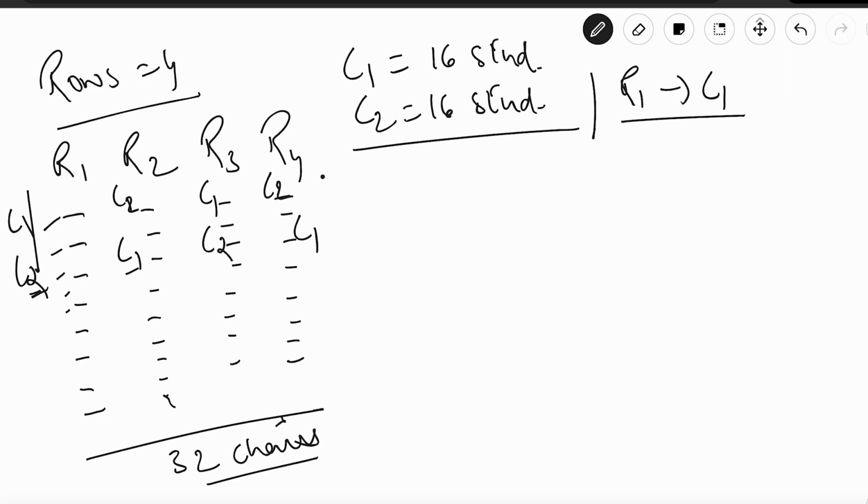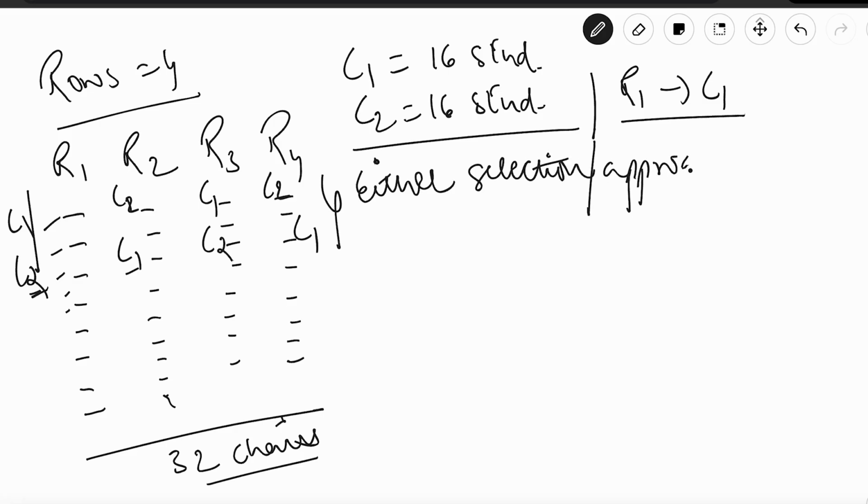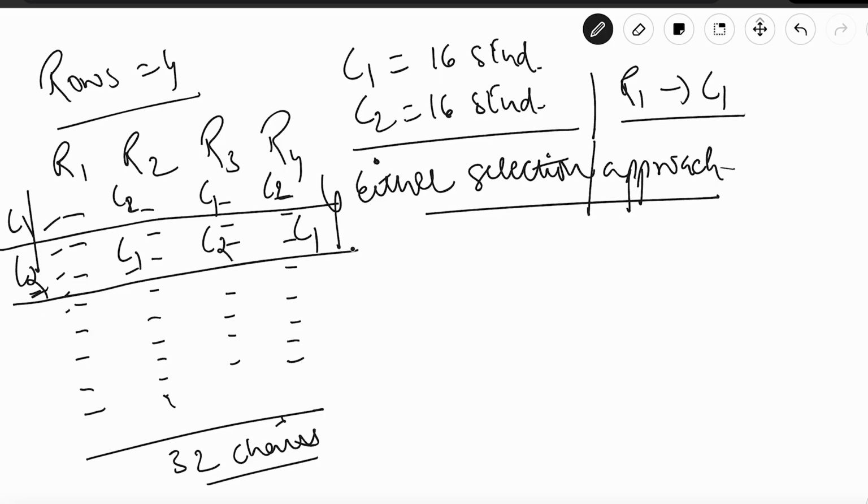So either approach would work. What we need to do is select the permutation or arrangement for both of these possibilities. So let's say R1 is allocated to C1.